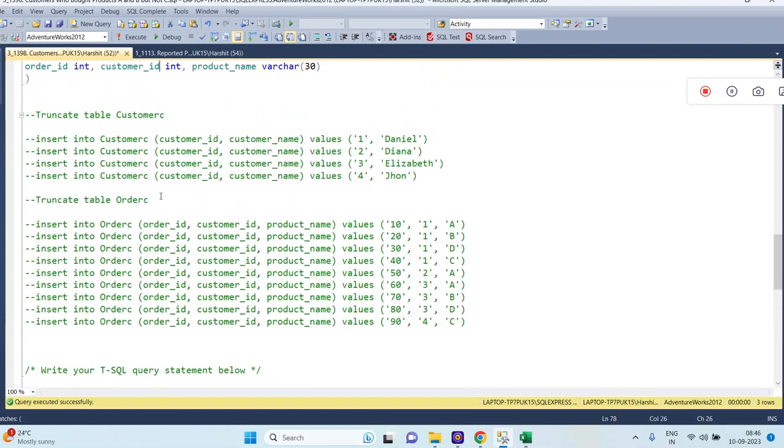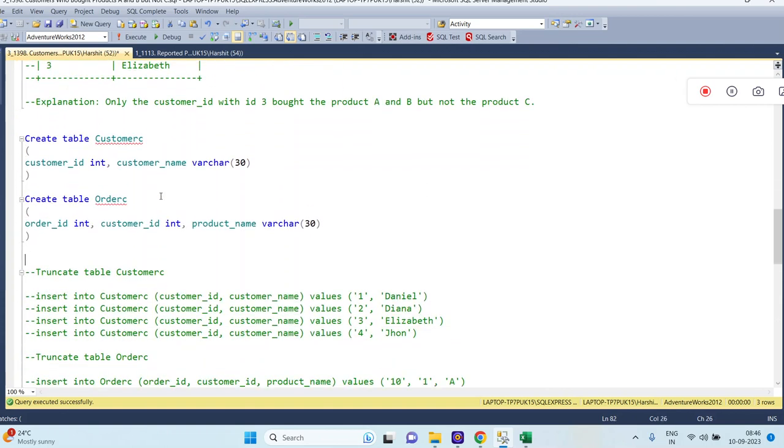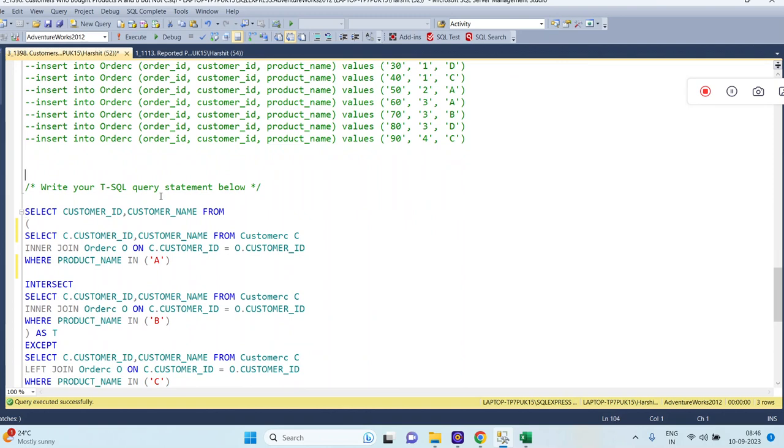So again, looking at the customers table and the orders table, let me select the data from them.